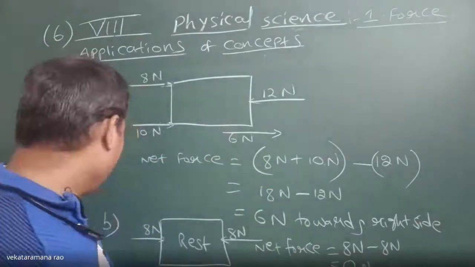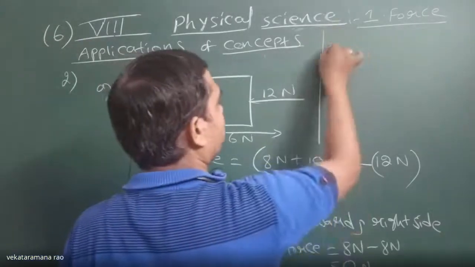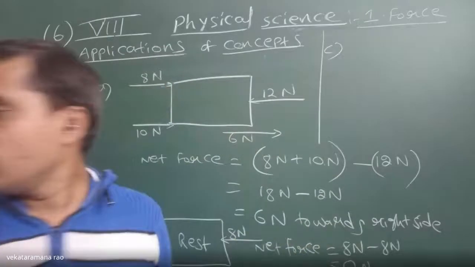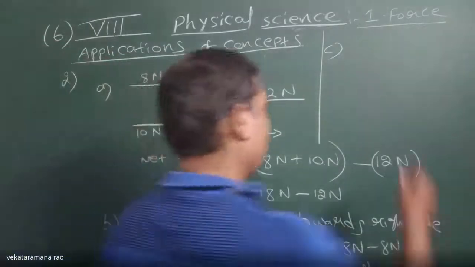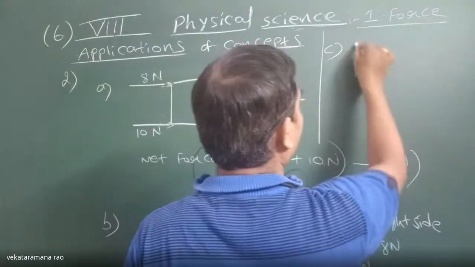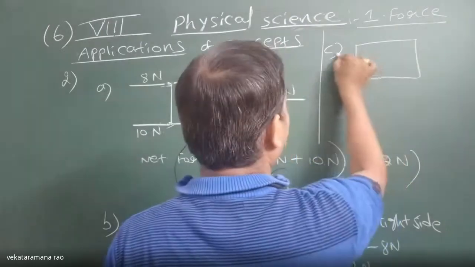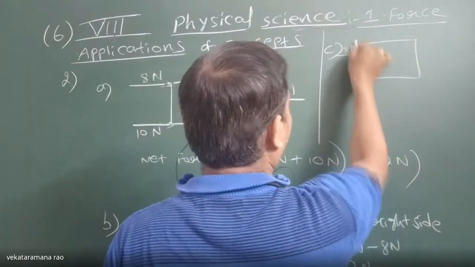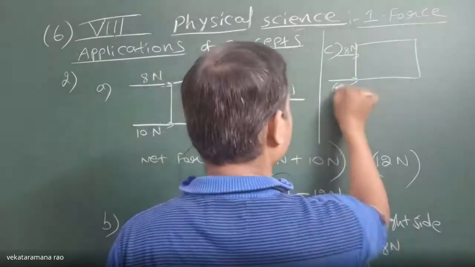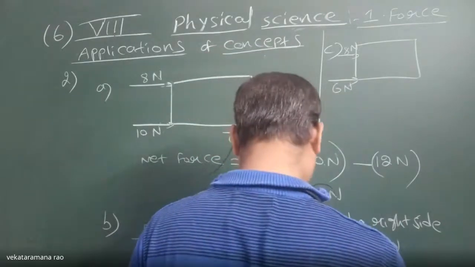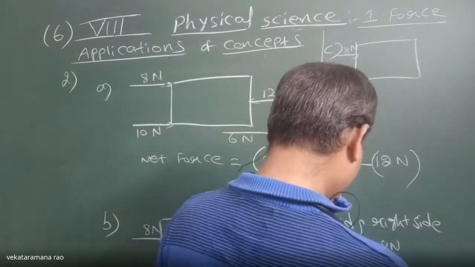In that way, we have B. Now, let us go for one more, C. So what is another question here? Again a diagram. Here, one block is there. On that block, an 8 newton force is acting on this side, and one more force, 6 newtons, is acting.